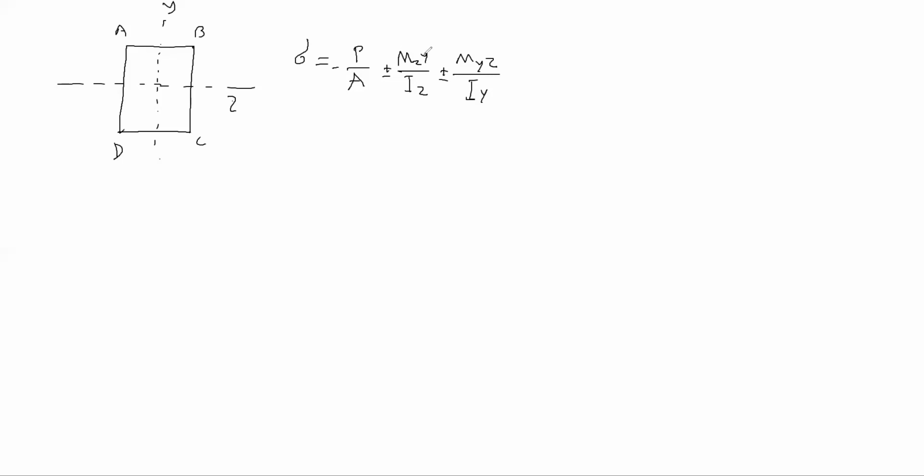So now we need to look at this formula and remember the definition: the neutral axis is the place on the section where the stress is 0. So we want to find the neutral axis, NA, so we set sigma to 0.